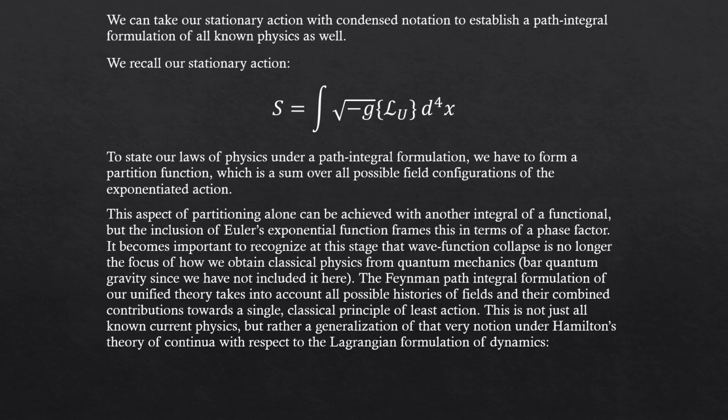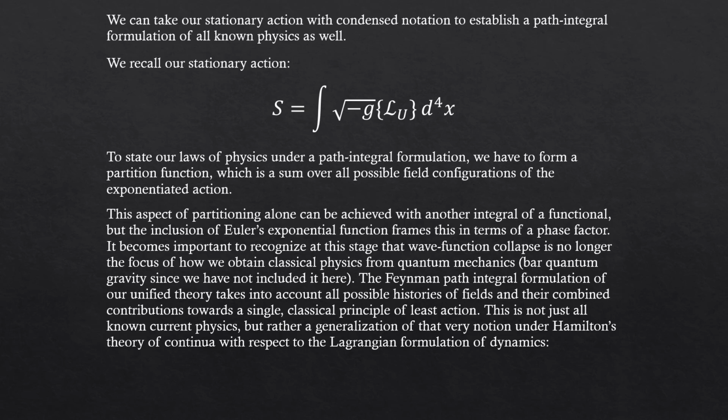So at this point, the wave function collapse is no longer the focus of how we obtain classical physics from quantum mechanics. Of course, barring quantum gravity, since we're not discussing that right now. The Feynman path integral formulation of this theory takes into account all the possible histories and field histories, and then also their combined contributions towards a single classical principle of least action.